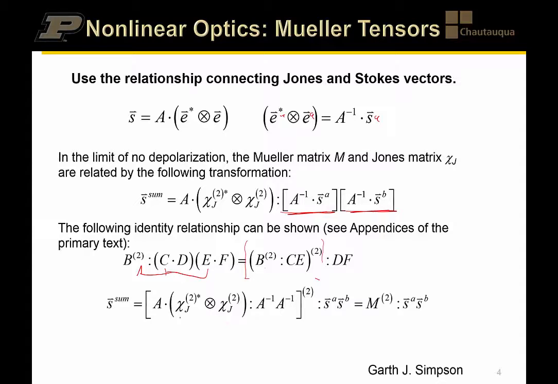If we do that substitution, we have this relationship, which, if you look at everything inside the brackets here, is our Stokes transfer tensor. It gives us the sum frequency Stokes vector out for the 2 driving Stokes vectors. And so that really is M2. That's a really nice, simple relationship for describing and connecting the Mueller tensor given by M2 and the Jones tensors given by chi2.